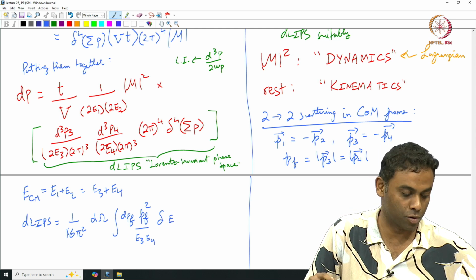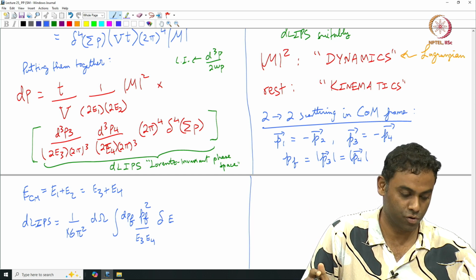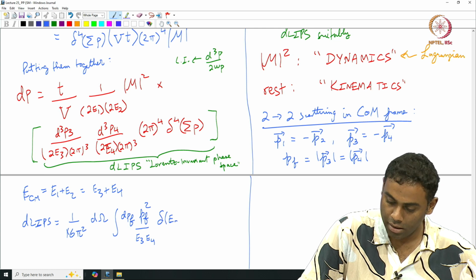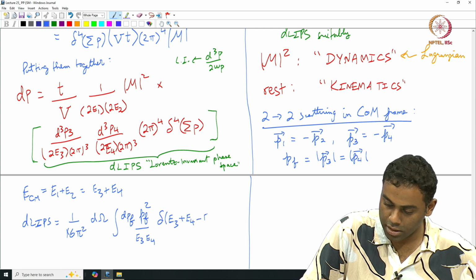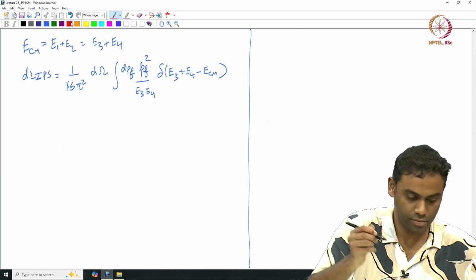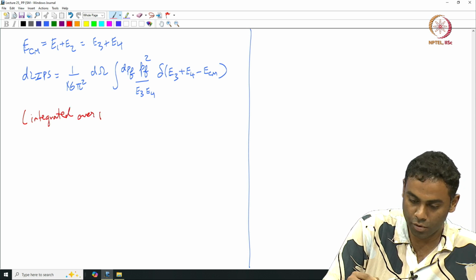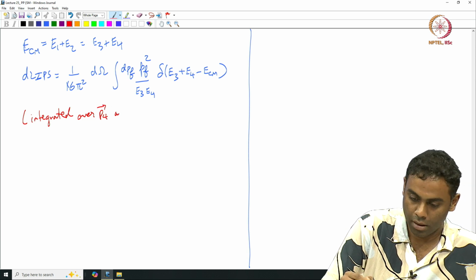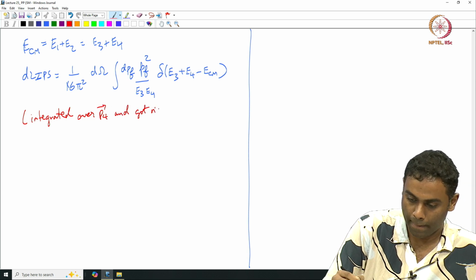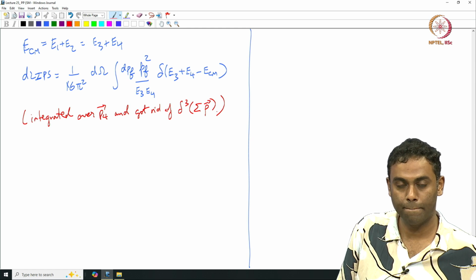Let us say I have integrated over P4, okay, and then I got rid of 3 of the delta functions. So I am still left with 1 delta function, that is nothing but conservation of energy, okay. So let me just write it down. What we have done here is integrated over P4 and got rid of delta cube of the sum of the 3 momenta, okay.